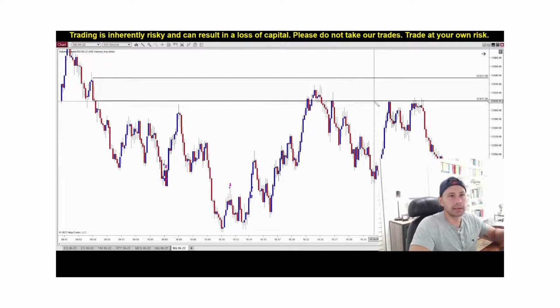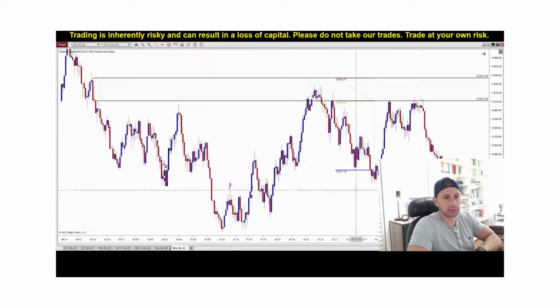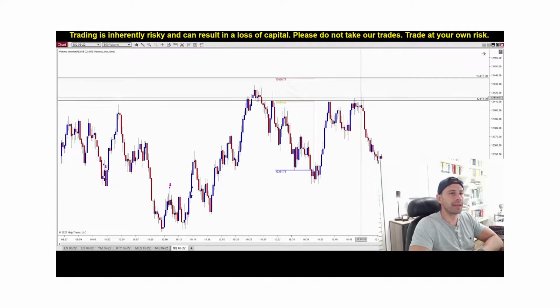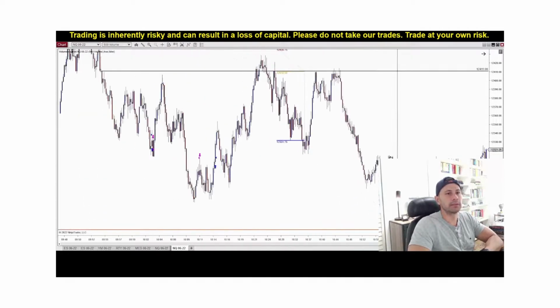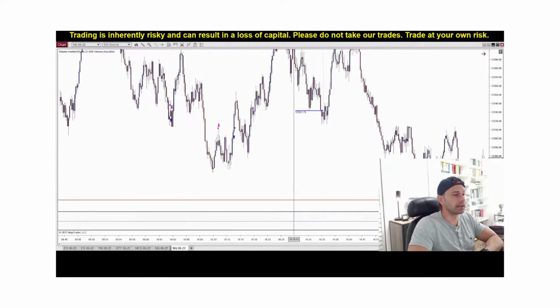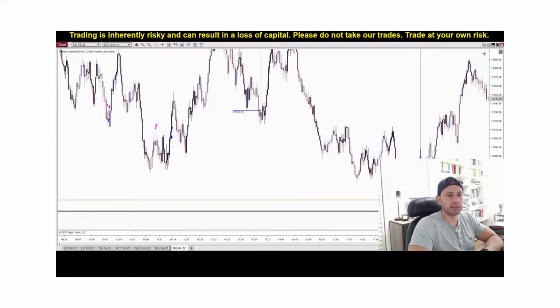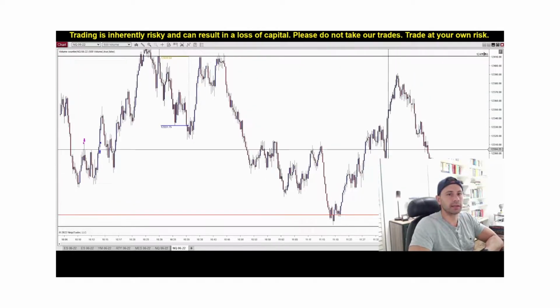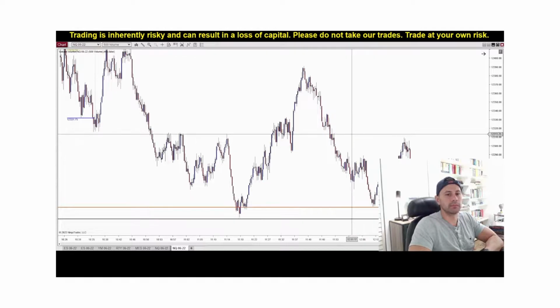It paid this area, went something like around 3 to 1, then came back with a lot of weakness, and then see you later. It came back down, and I had this demand here that was not filled. I had an order there, never got filled, and it retraced back, and then we finally broke that area.